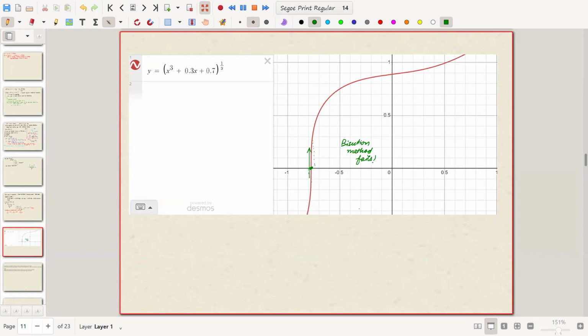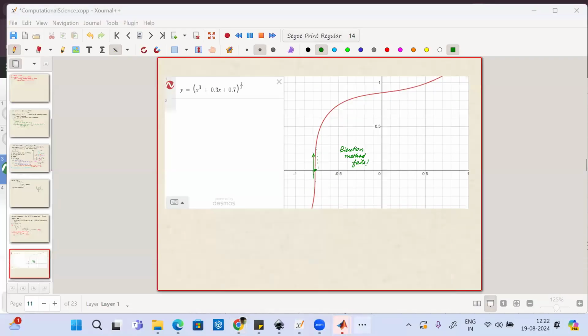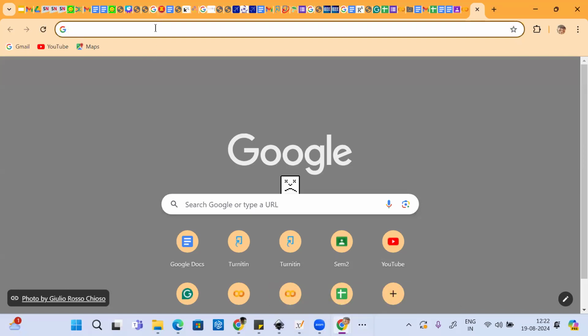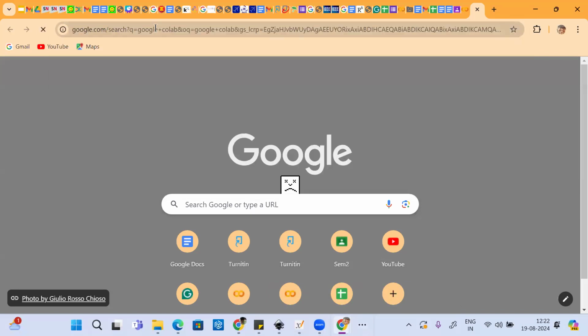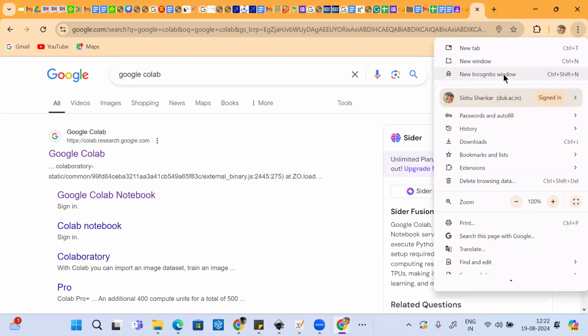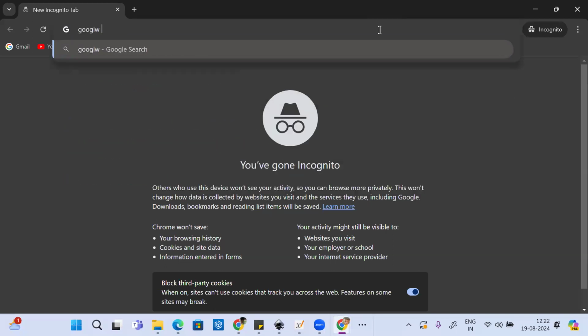Those who have the laptop should make Google Colab available. All of you have Google signed in versions. How many of you have laptops? How many of you have Google Colab with them? No. Okay. So what you have to do is just go to Google Colab.